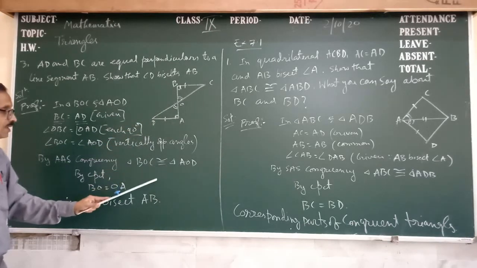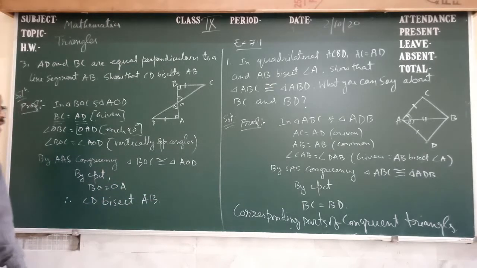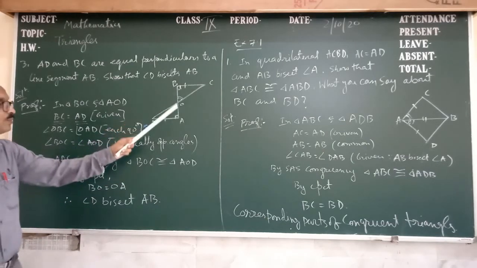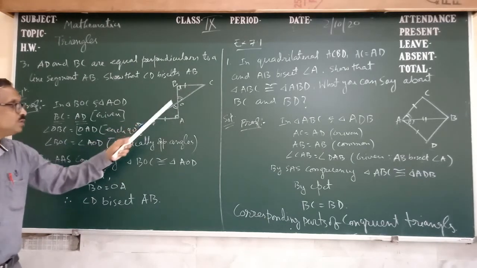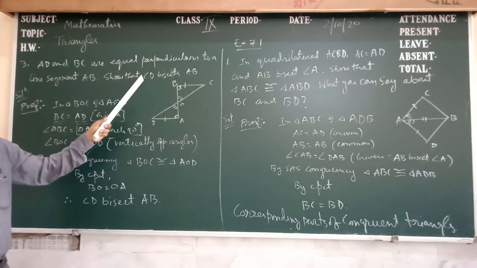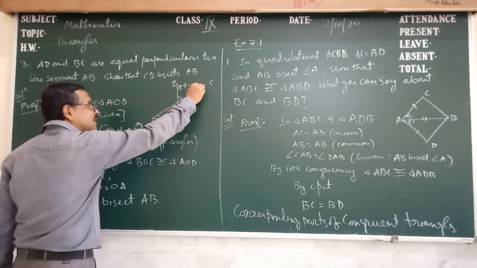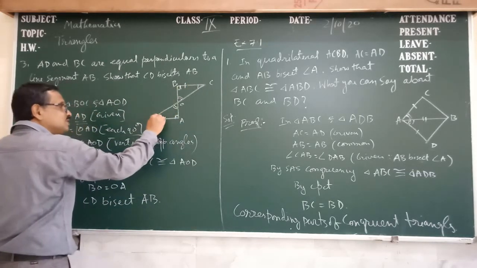As they are congruent, again by CPCT, corresponding parts of congruent triangles, the other sides are also equal. So BO is equal to AO and CO is equal to DO. But CO equal to DO is not required here as per the question, so we have not written it here. And this angle will also be equal to this angle.